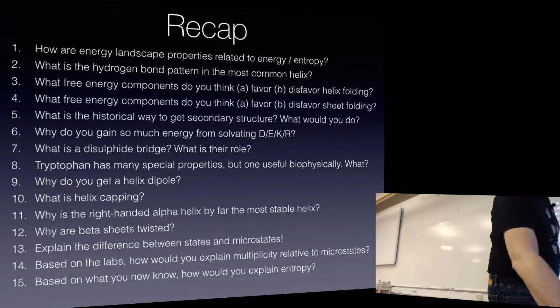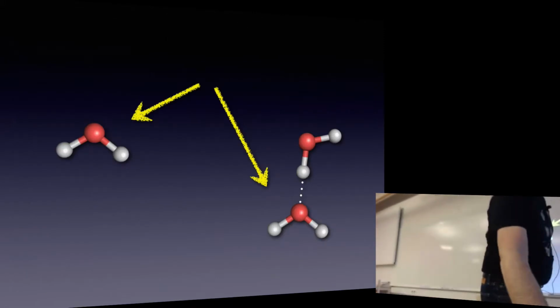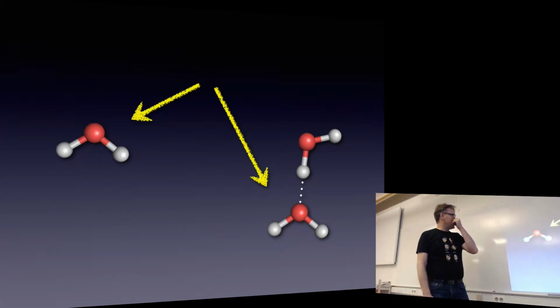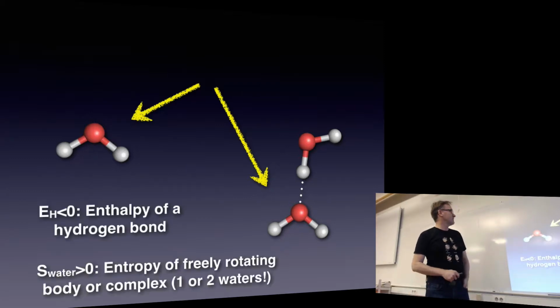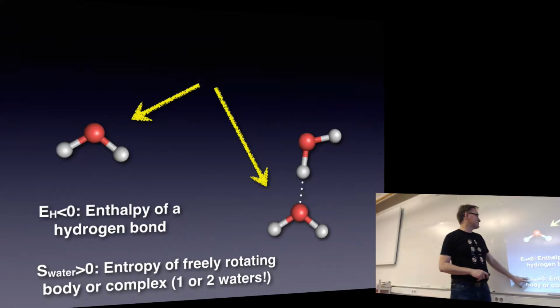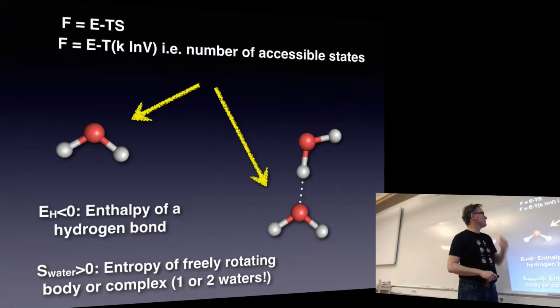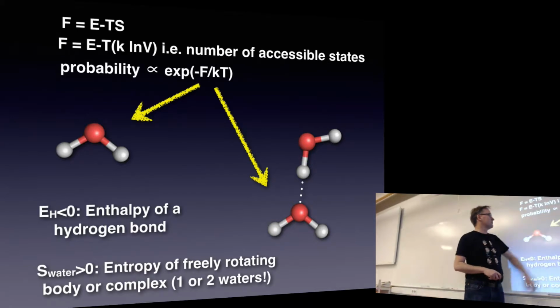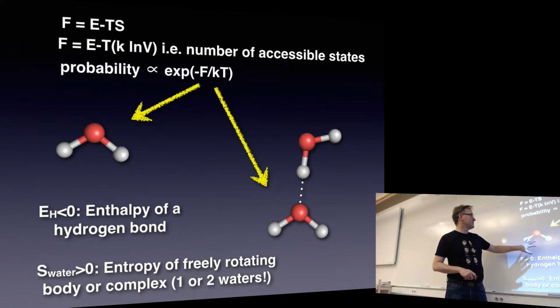Good. We're going to come back to this a bit later today. We spoke about hydrogen bonds before, and both the enthalpy and the entropy, but I think I covered that well enough last time that I'm not going to go through it today. But the logarithm here, we call it the volume, but that simply has to do with the number.